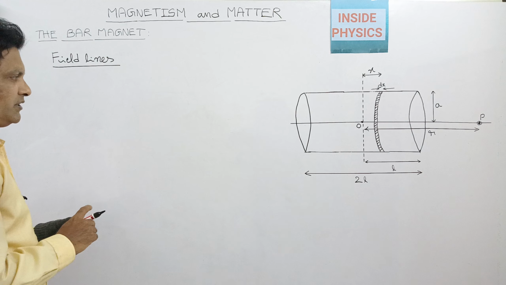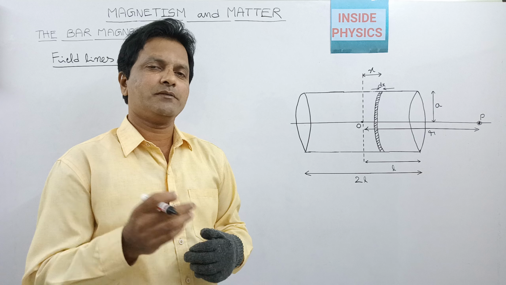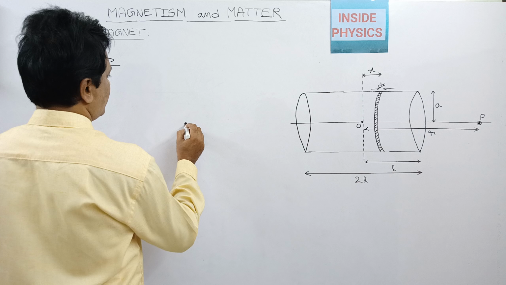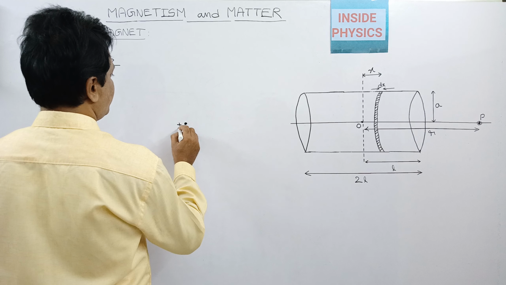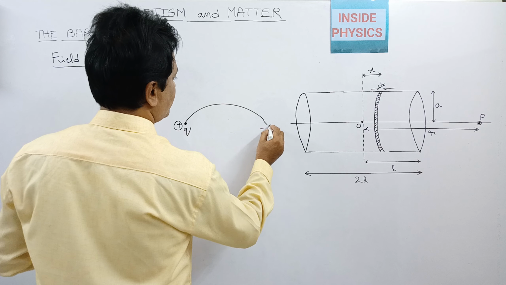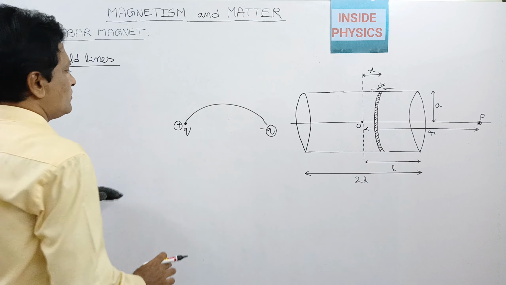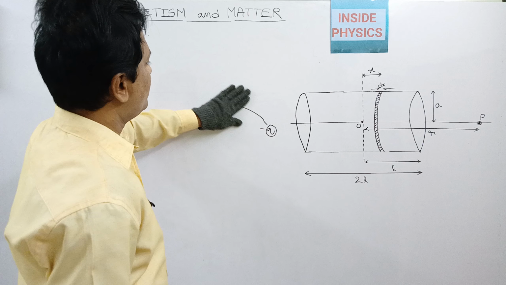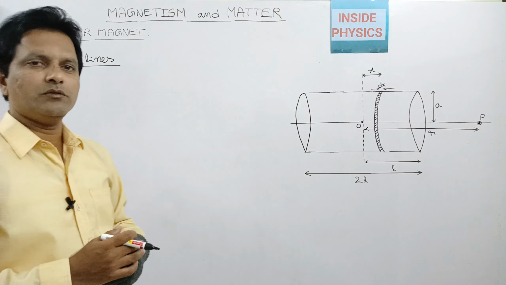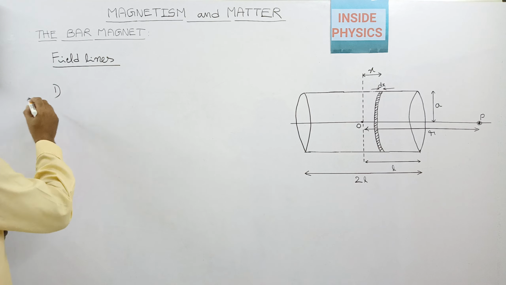That's why it is called the electric line of force: the force experienced by a unit test positive charge along the path of an electric field line. It ends at a negative charge. So this is the source charge, this is the sink charge. In this way we demonstrated the electric lines of force, but now we are going to see the characteristics of magnetic field lines.